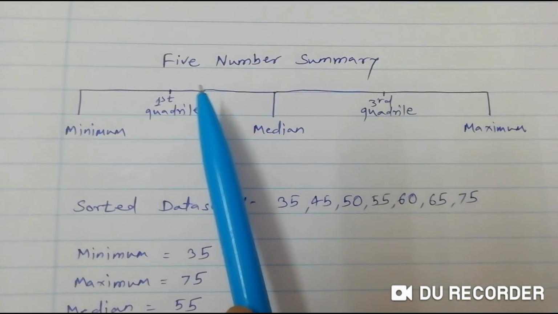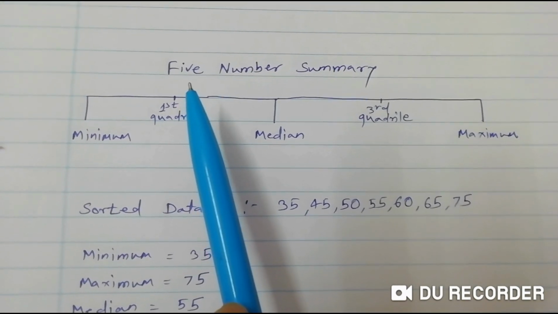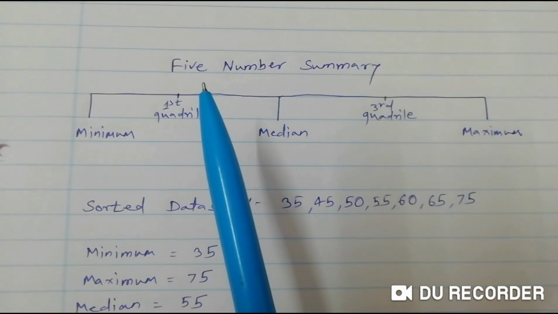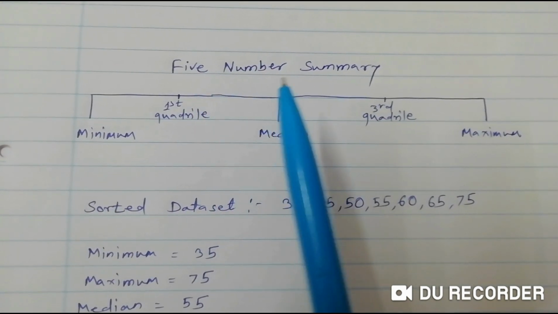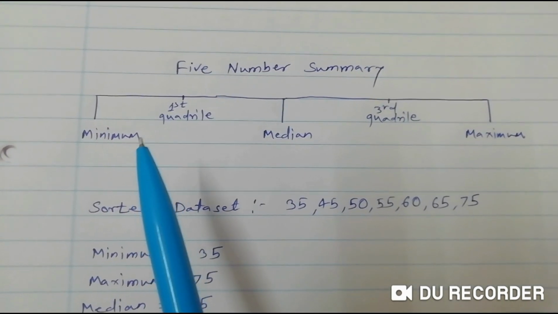Now we will see our last part, which is very important from the statistics point of view, that is called the 5-number summary. The 5-number summary is nothing but finding 5 elements from our given data set. So what are those 5 elements?